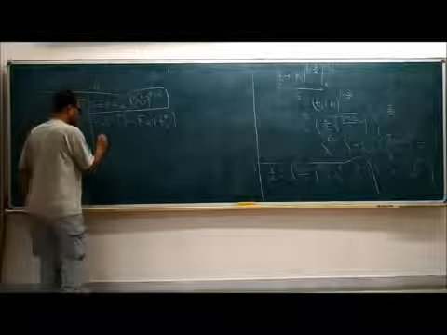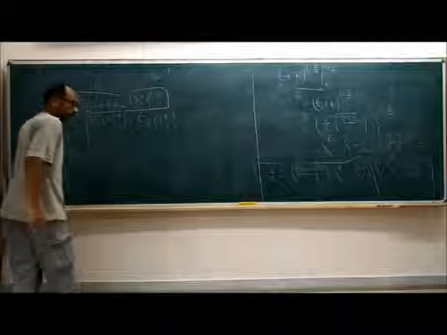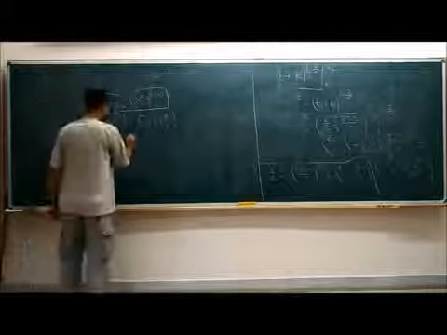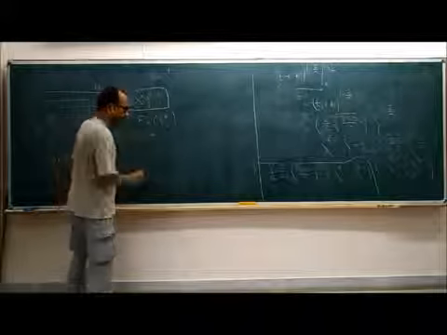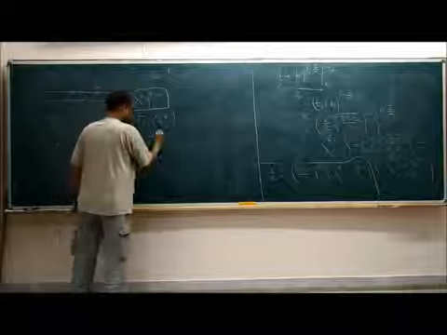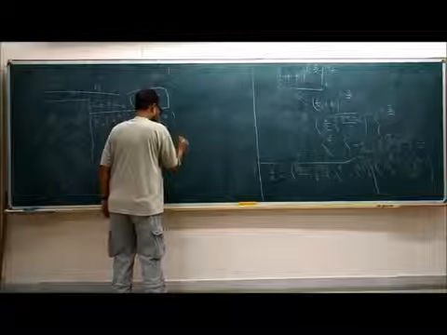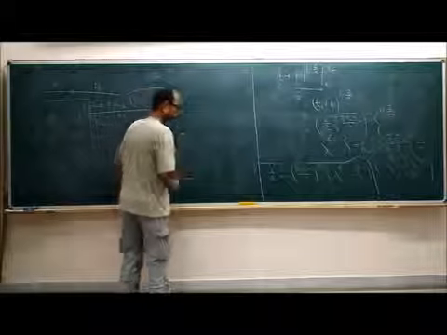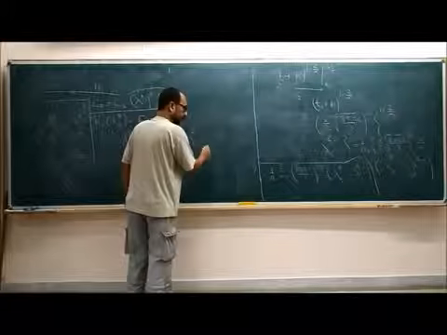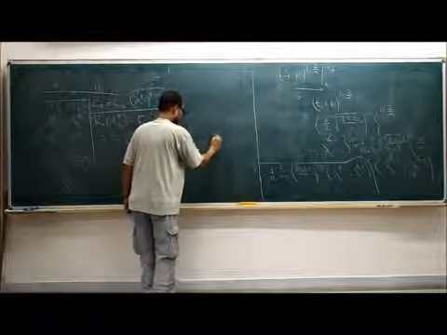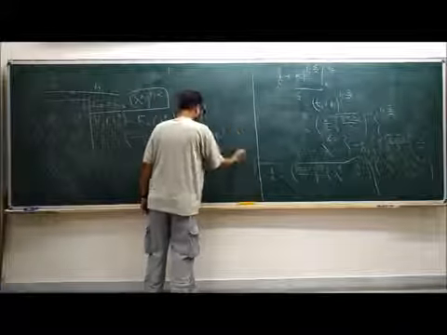So 1 over A naught, 2 over beta minus 2, 8 pi G CB over 3 to the minus half, and then here you get lambda F B to the power beta by 2 minus 1 minus lambda I B to the power beta by 2 minus 1.